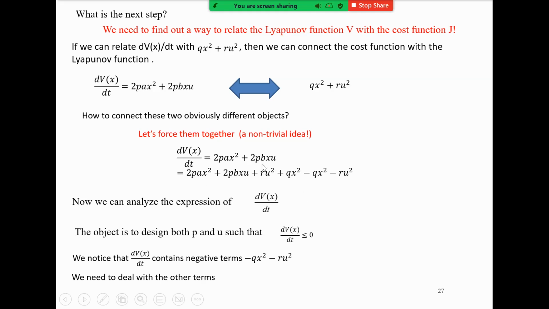then how about the other four terms? Those are the terms we want to cope with. Because those two are negative, that's what we want.